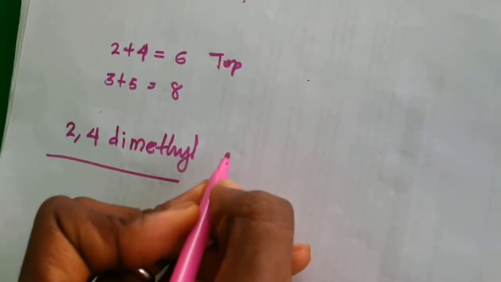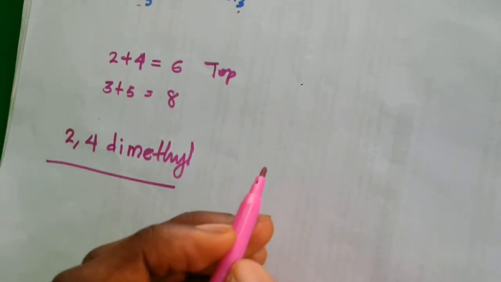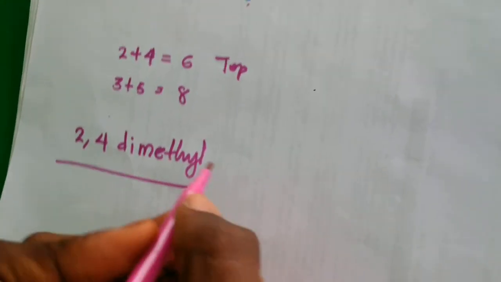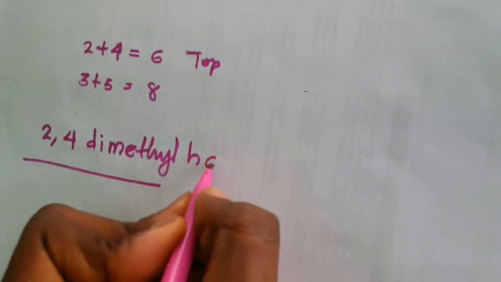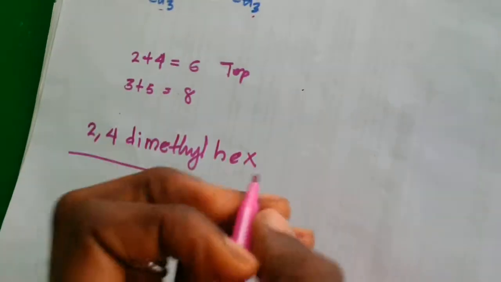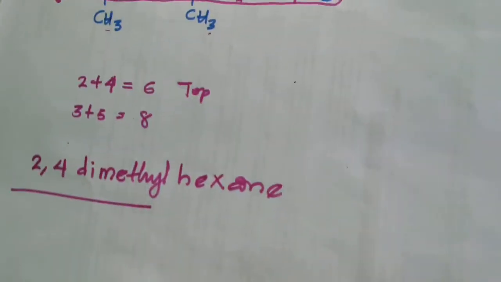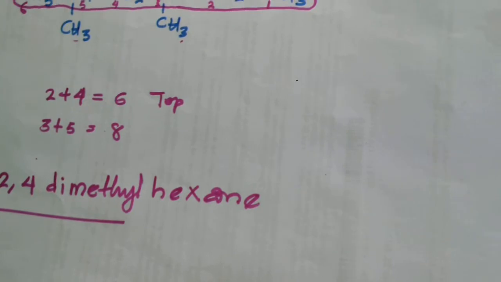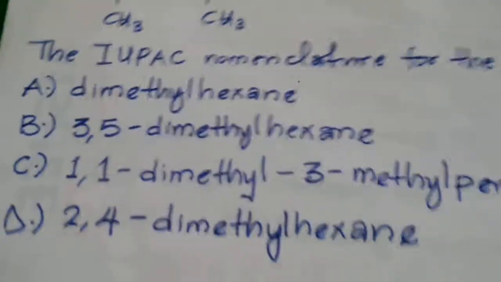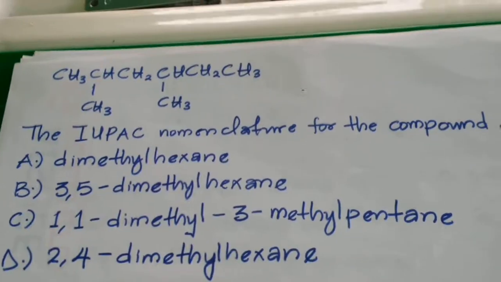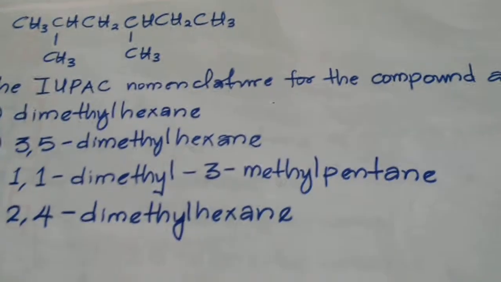Now the word root, since we have 6 carbons in the longest carbon chain, the word root will be hex. And since we have single bonds, the suffix will be ane. So it's going to be 2,4-dimethylhexane, which is option D in the question.